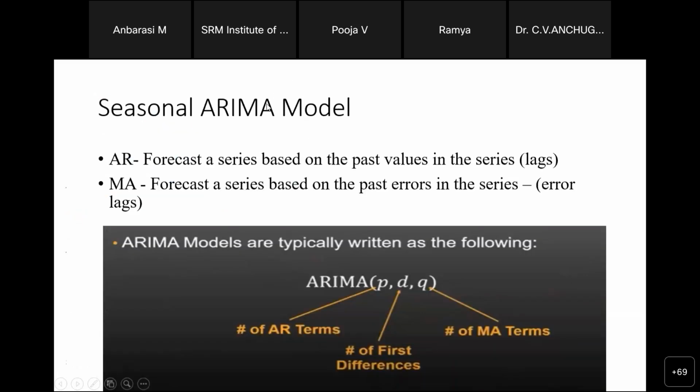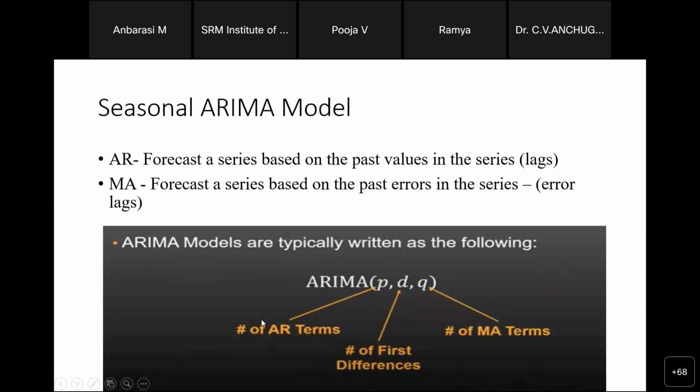Next one is the seasonal ARIMA model. Seasonal ARIMA means the same thing as the normal ARIMA model. Here also we are going to have the p value, d value, and q value.